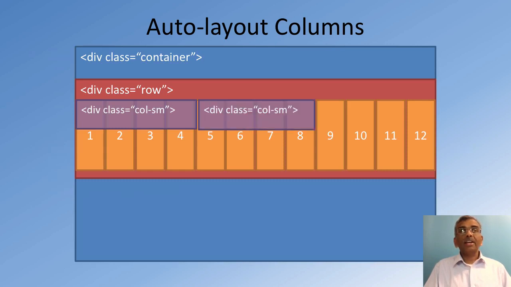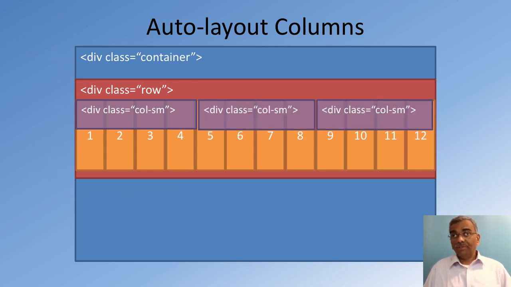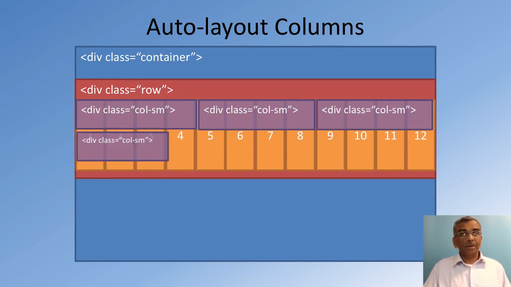But in case I specify 3 divs with column SM in my HTML file, then the Bootstrap grid will automatically position these contents inside those divs side by side so that each one of them gets 1/3 of the total width. So since we have 12 columns here, each of these 3 will get 4 columns each. And this is automatically taken care of by Bootstrap's layout mechanism.